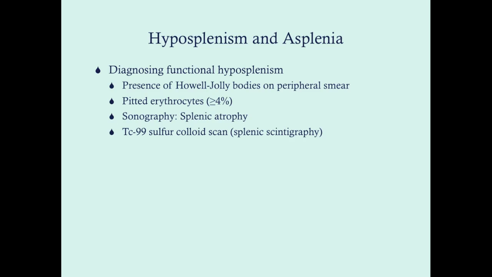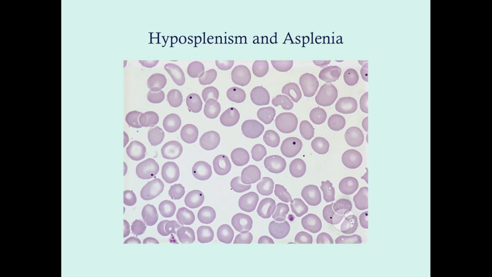You may also see another nuclear test that's known as the radioactive colloidal gold test, used with 198 gold. That can be done too, basically does the same thing as the technetium test. So this is an example of Howell-Jolly bodies, these little basophilic inclusions.